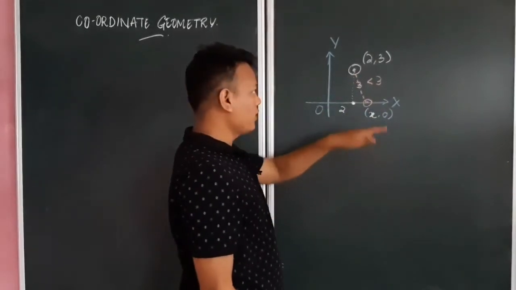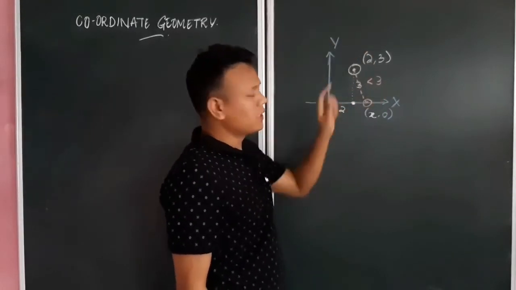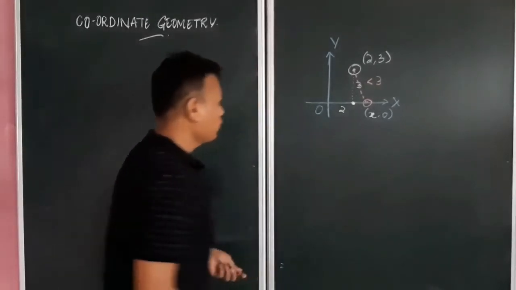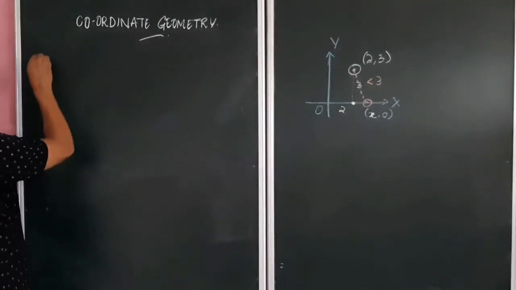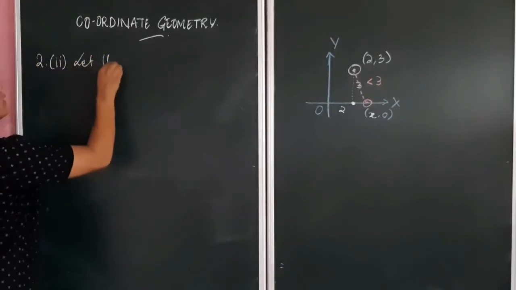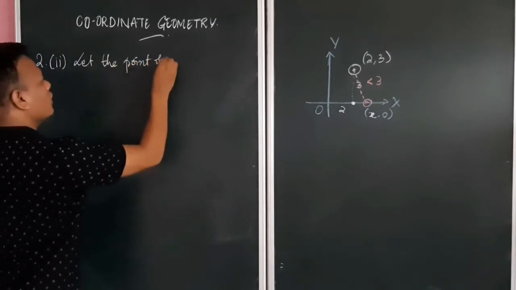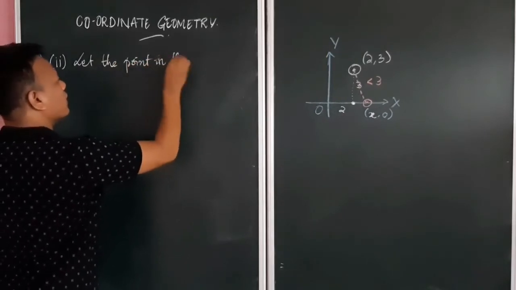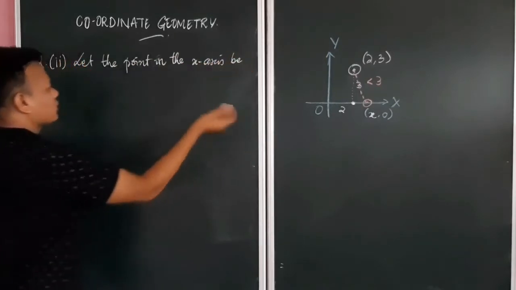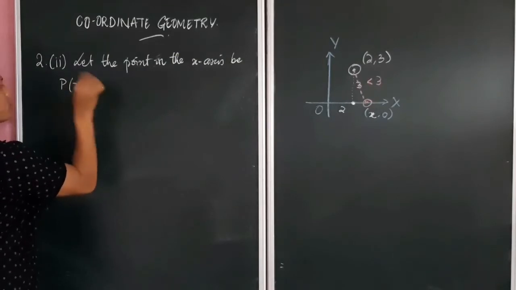So basically what is happening, the distance between (x, 0) and (2, 3) must be less than or equal to 3. So that's what the question says, yes or no? Let the point on the x-axis be, let me give it a name P, P(x, 0).